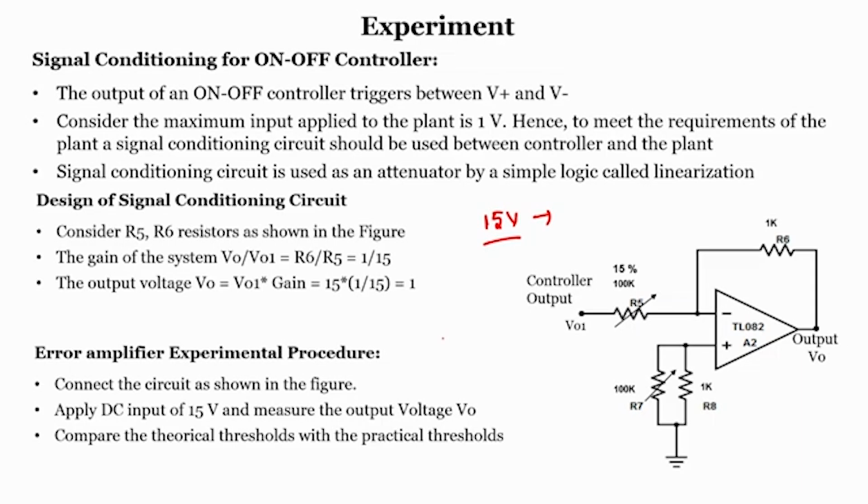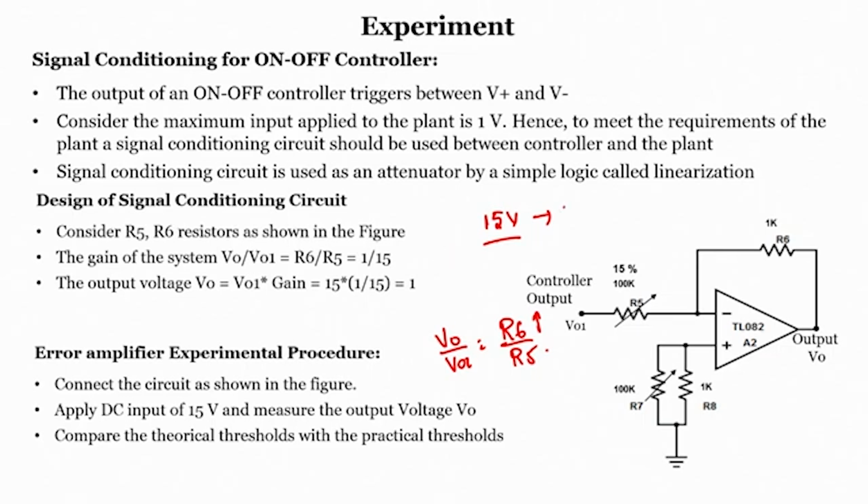The gain of an inverting amplifier, V0 by V1 in this case, depends upon the feedback resistor divided by the input resistor, which is R5. If you want to use it as an amplifier, the R6 resistance value should be higher than the R5 resistance value. As a result, we will get a higher value, but in this case we need to attenuate.